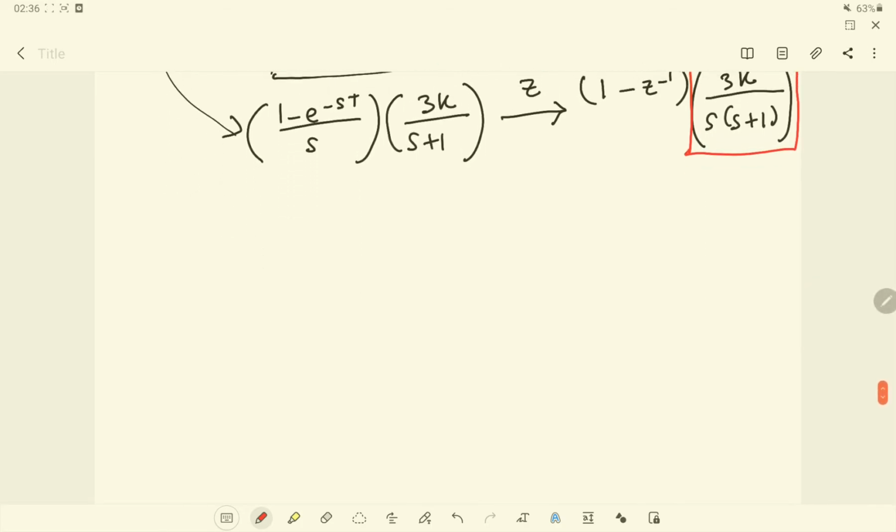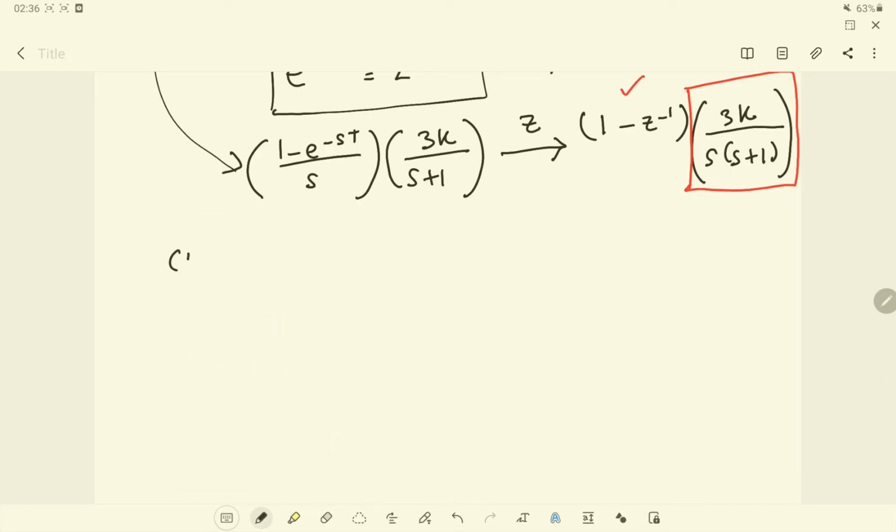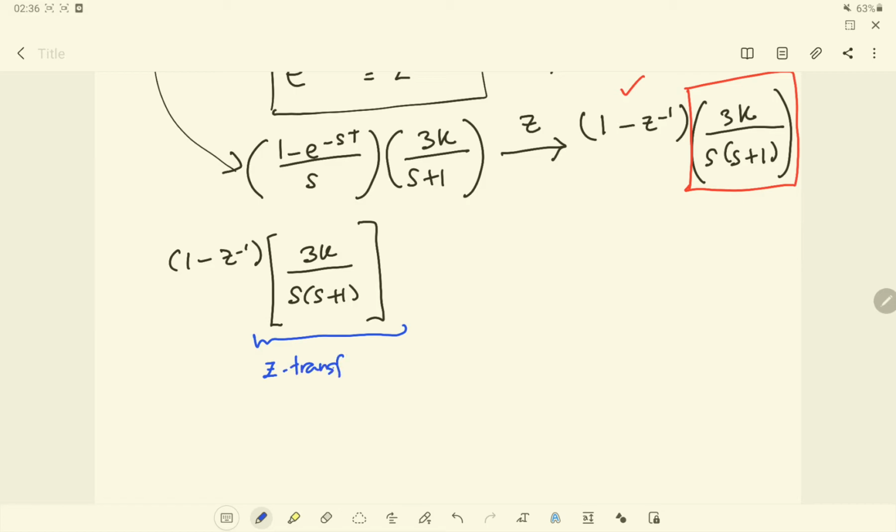So now we have 1 minus z inverse times 3K over (s plus 1), and obviously for this part we will use the Z transform tables in order to convert from the frequency domain to the Z transform.